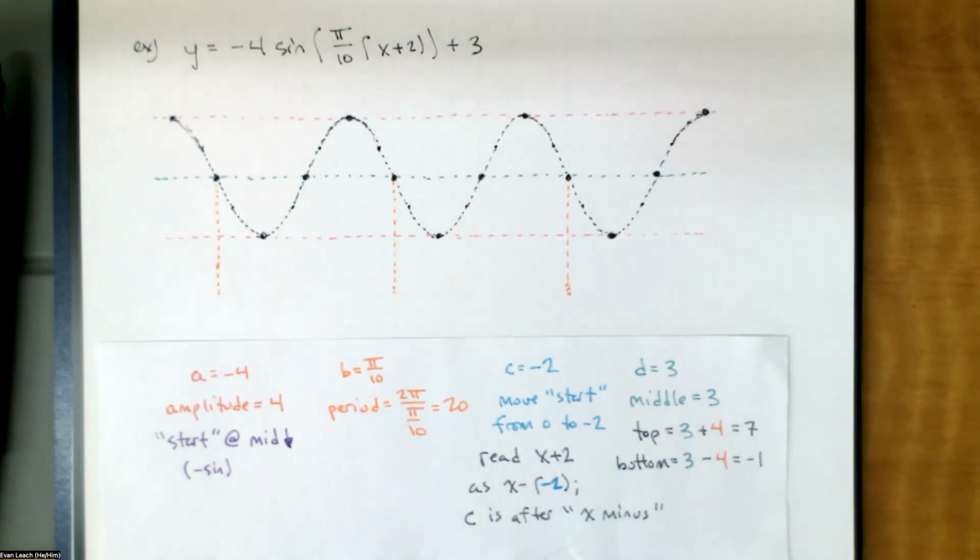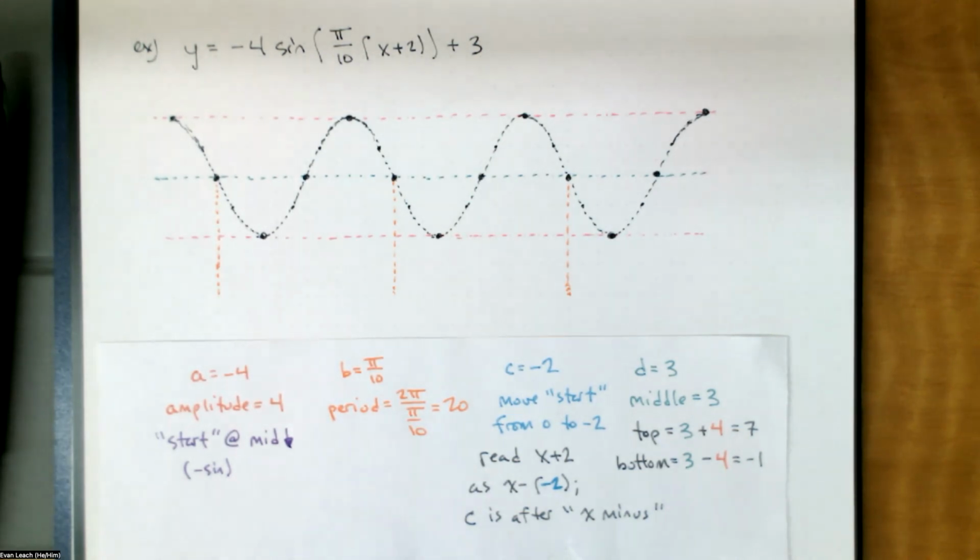So here are the details of our new function. We want to identify A, B, C, and D and where the start is for our function. Then we can just fill in the details, and that will allow us to find any of the significant points on our graph. So first off, we identify the coefficient. A is -4. That tells us a couple of things.